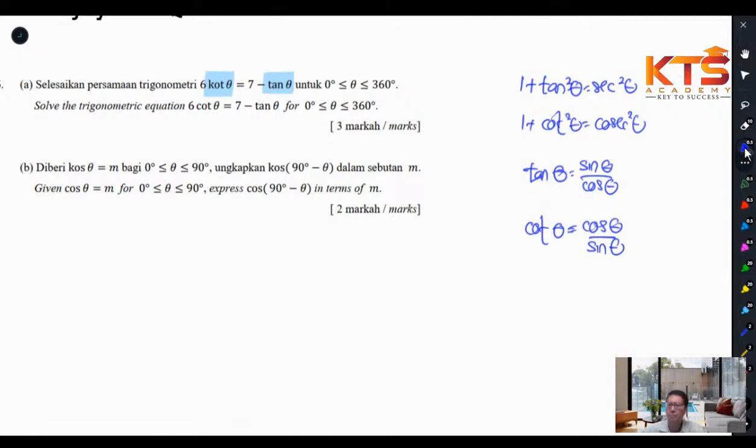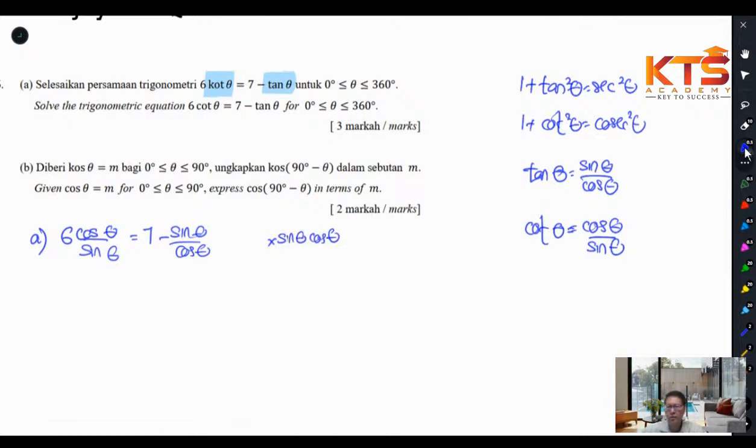I simply try the first one. Don't think too much. Cotangent is cos over sine. Tangent is sine over cos. Everything multiplied by sine theta cos theta.